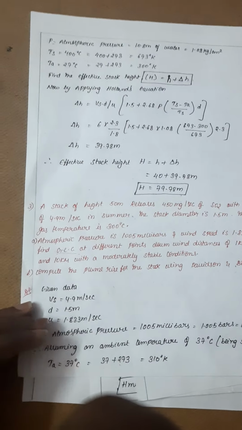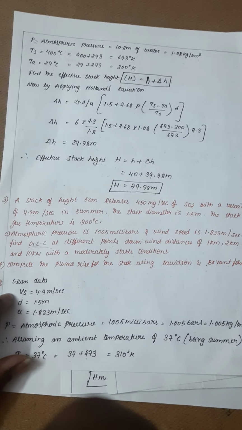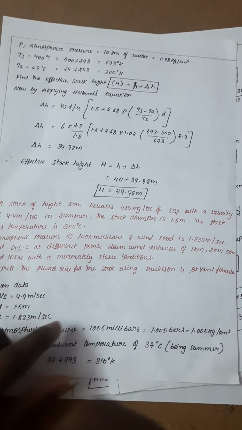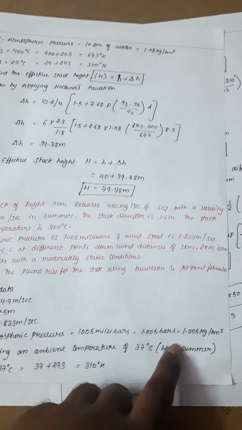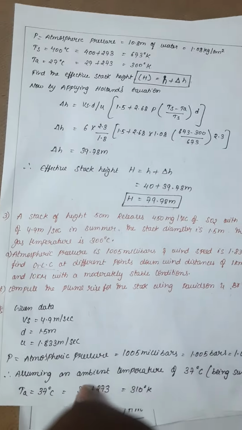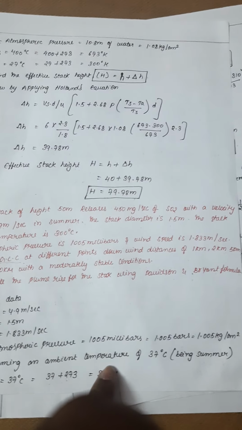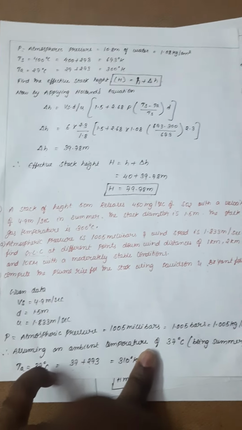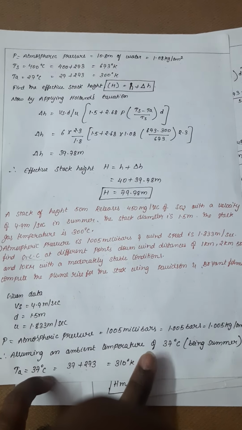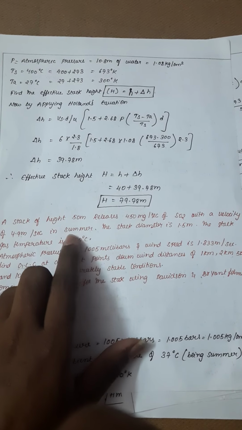Going to the solution, given data. I have taken the Vs, Vu values. P is equal to atmospheric pressure 1000 millibars, which I converted into kg per centimeter. For the ambient temperature, I am assuming 37, the ambient air temperature. Why? Because it is summer as included in the problem.